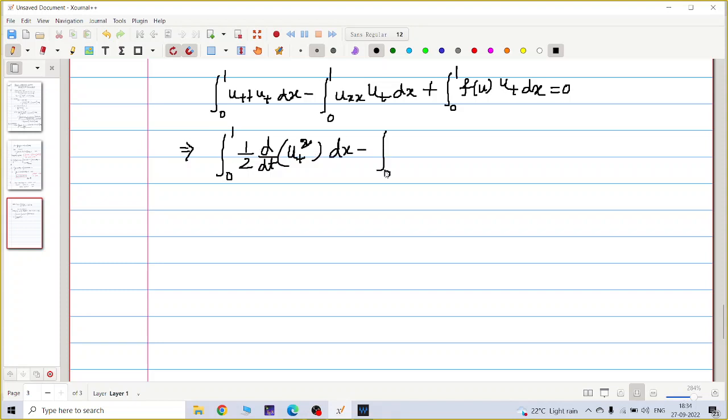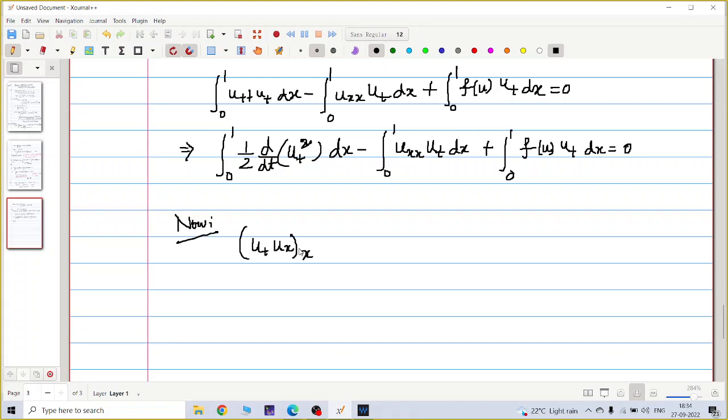Let me write the second term and the third term as they are. And now I will use this formula: the derivative with respect to x of ut into ux is ut into uxx plus utx into ux. So I will replace ut into uxx here by this formula.